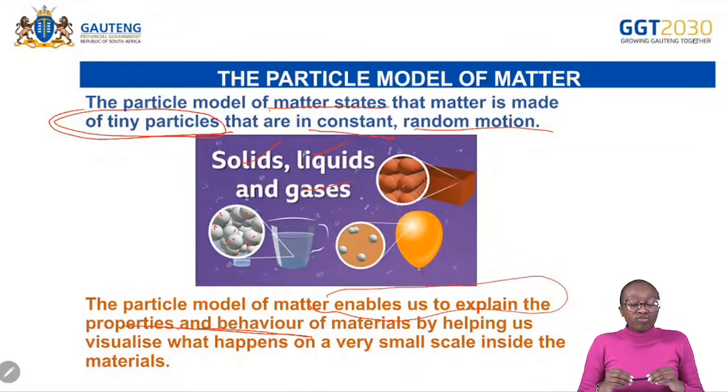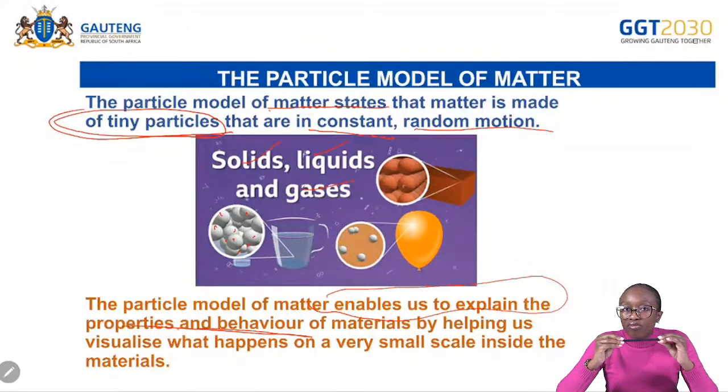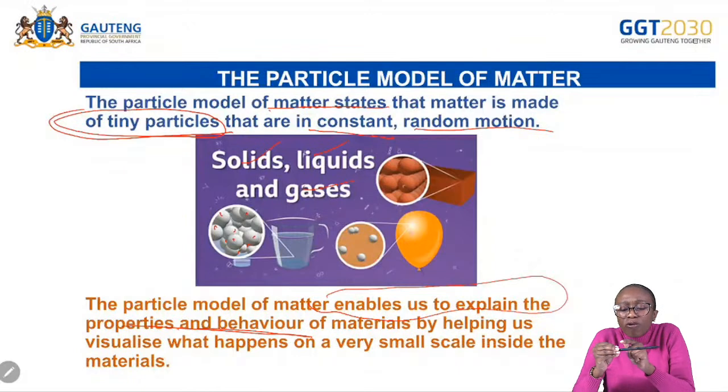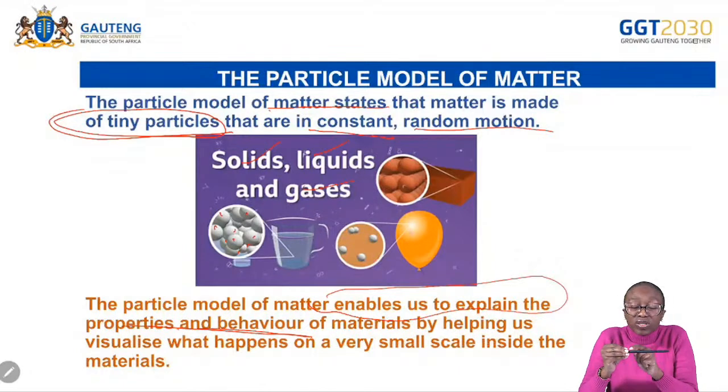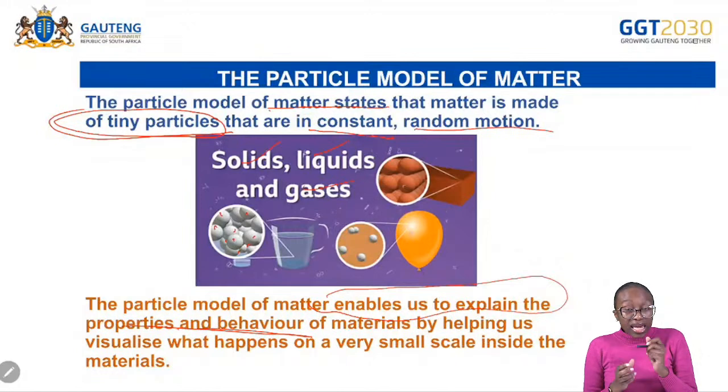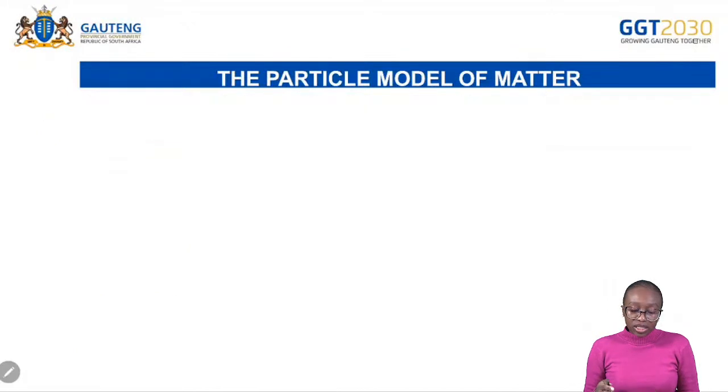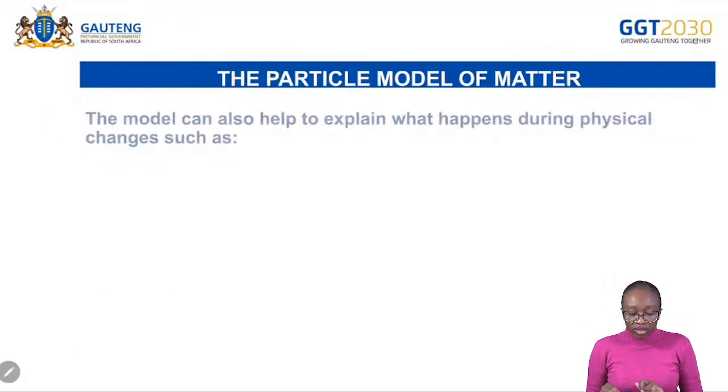Remember, so far we've learned that all matter, if we look at this pen of mine, is made up of tiny particles, and these tiny particles are called atoms, right? So the model helps us to understand what happens at a very small scale inside of the materials.